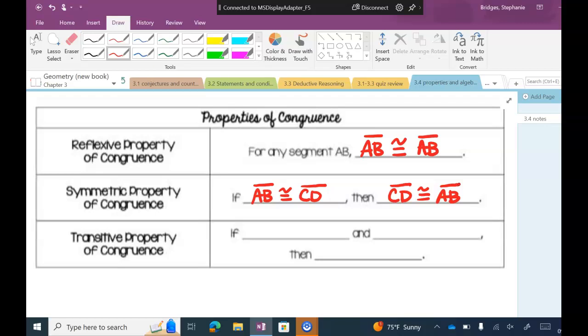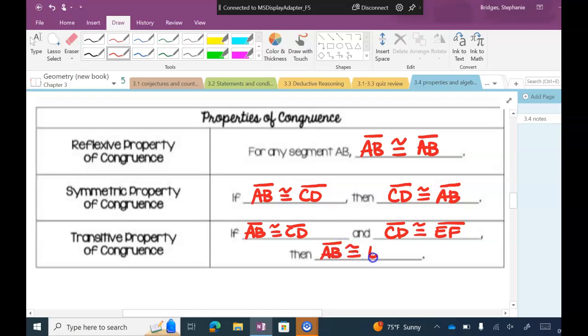And then you have the transitive property of congruence. So, for example, if segment AB is congruent to segment CD, and that same segment CD is also congruent to segment EF, then using the transitive property, what two segments can I say are congruent now?